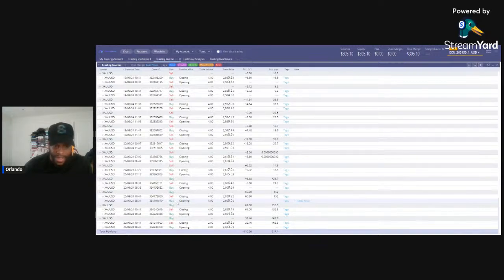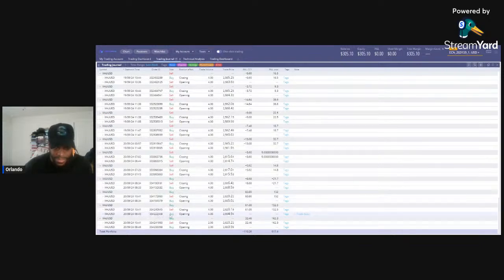I opened a buy position with a 0.04 lot size. Okay, we finished it. Price closed with that 0.04 at $2,620.22, and that's what my TP was. This particular trade ended with $60.80 total.